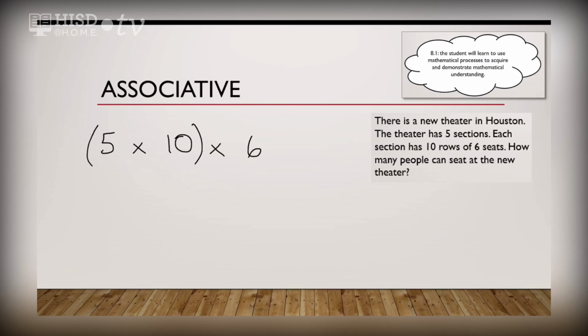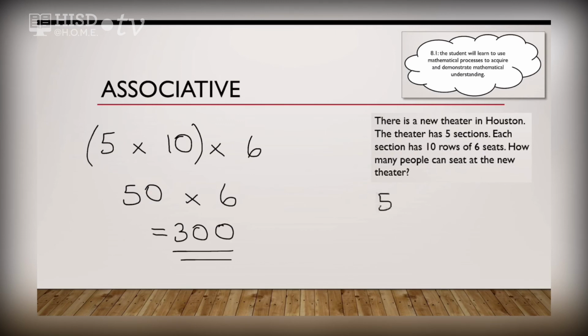So any combination will give me the same result. Let's see how it works. 5 times 10 will be 50, and then I'm going to multiply 50 times 6, so that will be equal to 300. So that means that there are going to be 300 people that can sit in the theater.